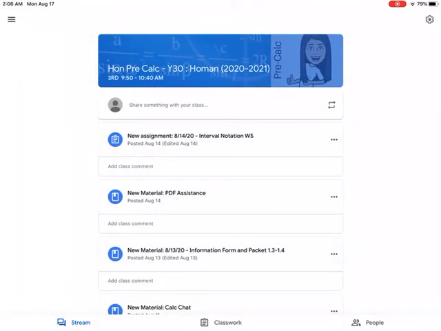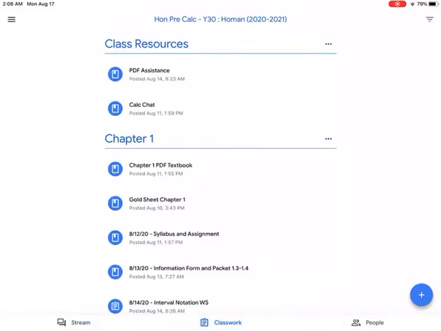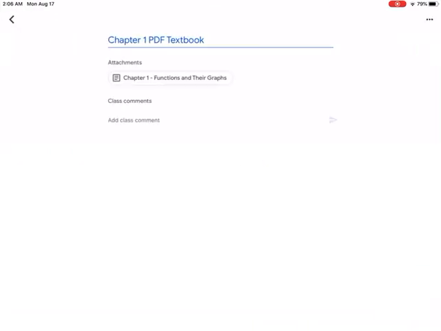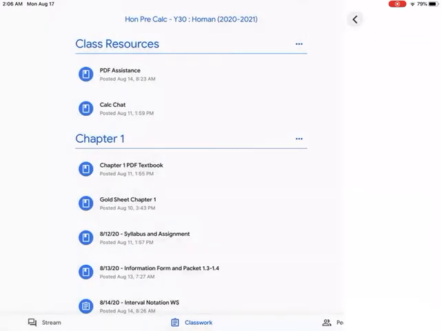If you go to classwork, at the very top of Chapter 1, you see Chapter 1 PDF textbook, right here. If you open that up, that is the entire PDF of Chapter 1 of our book. So you can look for pages there.